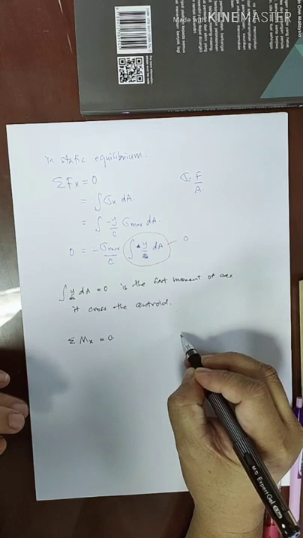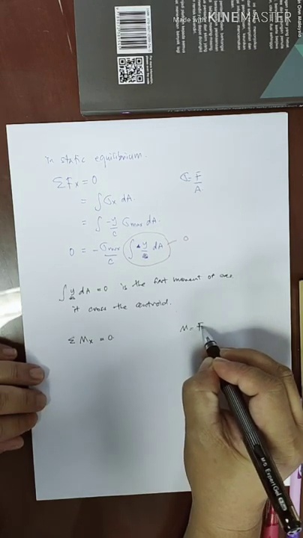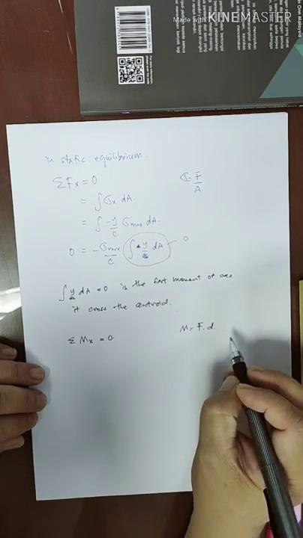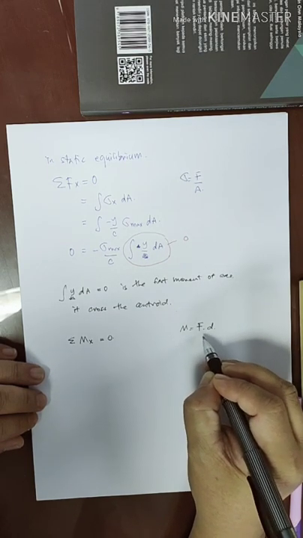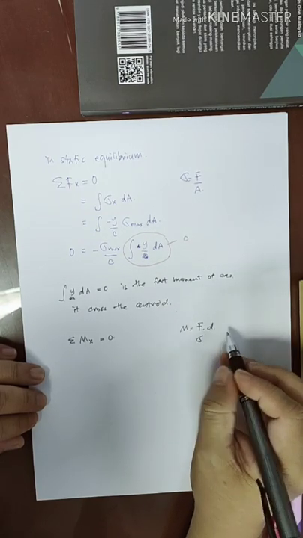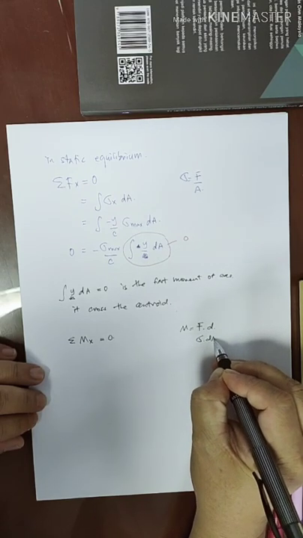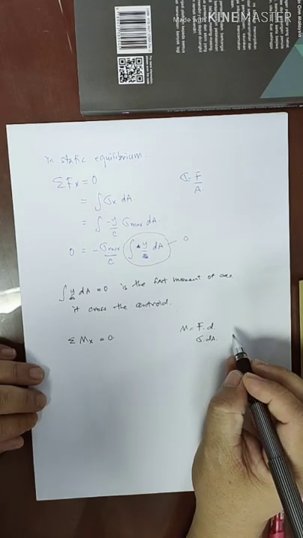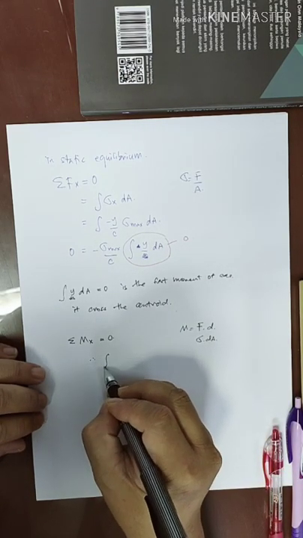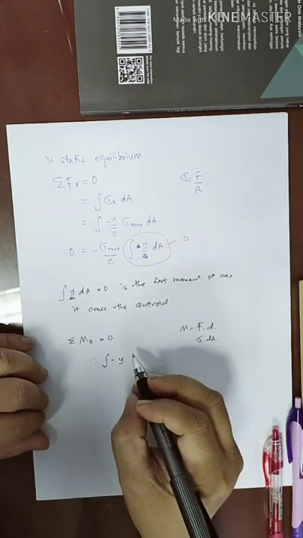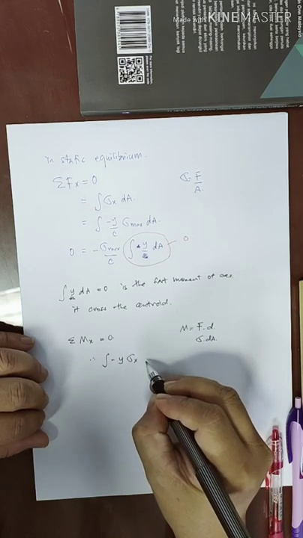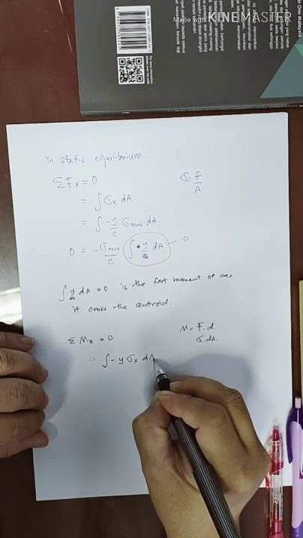M is equal to F times d, and then F equals sigma dA. Therefore, M is the integration of negative y sigma x dA.